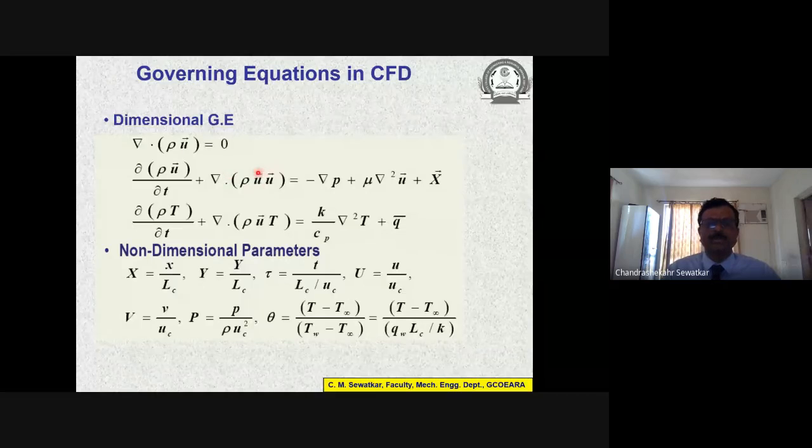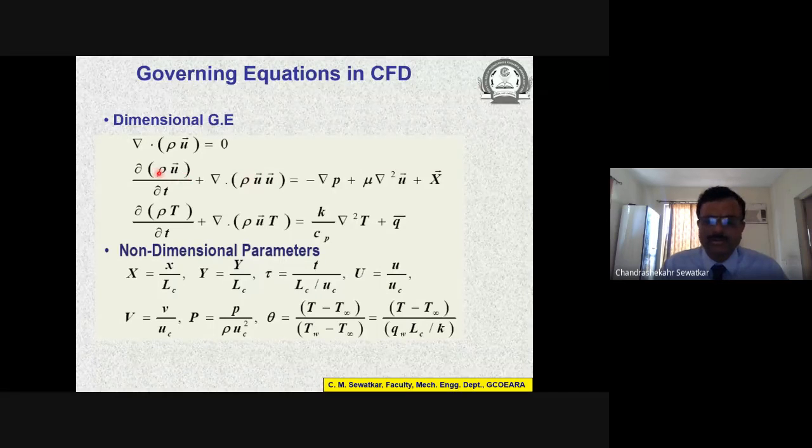Similarly, if you take rho onto the other side, what is left is u del u by del x plus v del u by del y. So this is also an acceleration. All of you must have studied in your fluid mechanics course at second year undergraduate level that this is a convective acceleration, or a spatial acceleration.